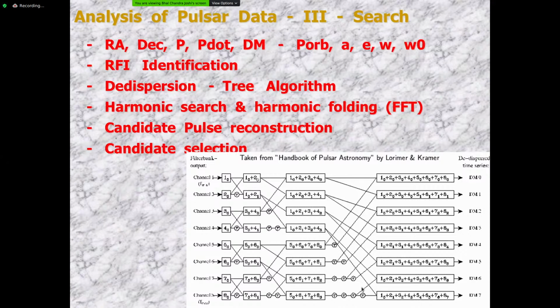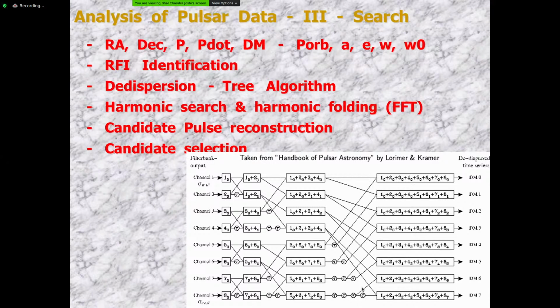Again, I'll not go into the detail. Typical analysis first tries to remove the man-made radio frequency interference as best as we can. Then de-disperse the data. So let's go parameter by parameter. The first two parameters, RA and DEC, you find out by dividing your sky into a large number of pointings or small chunks.